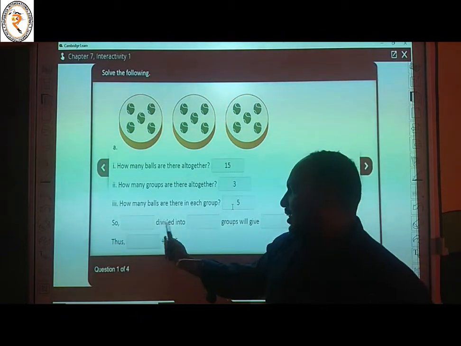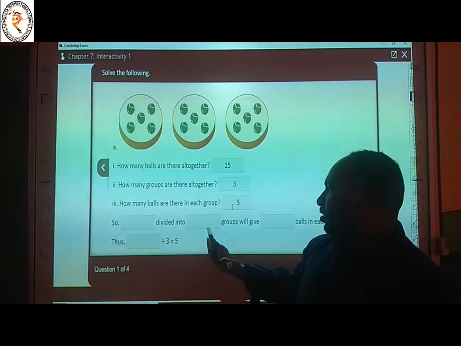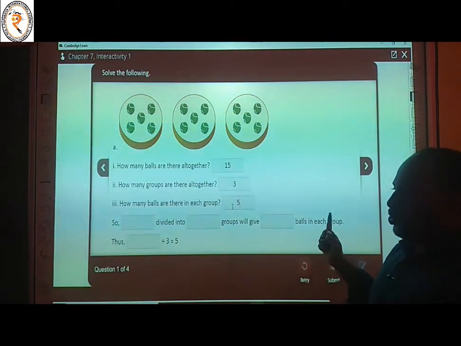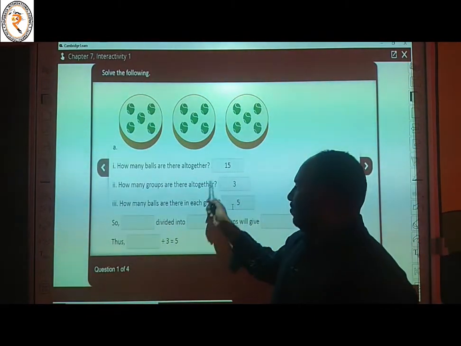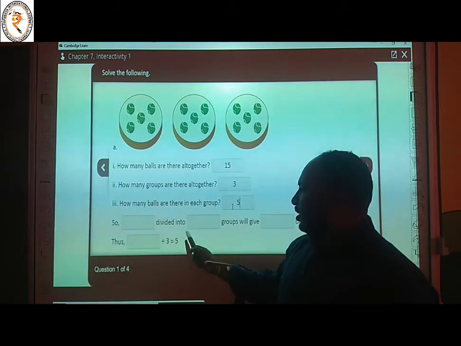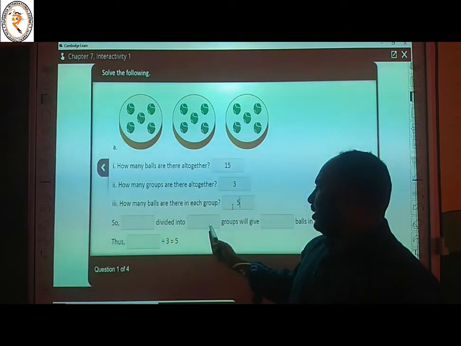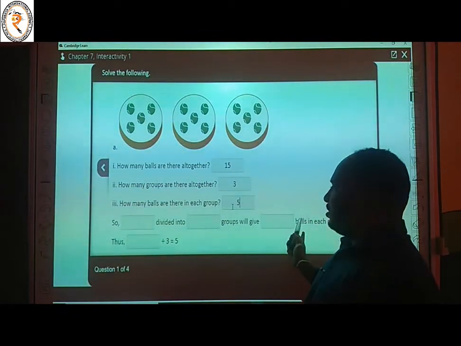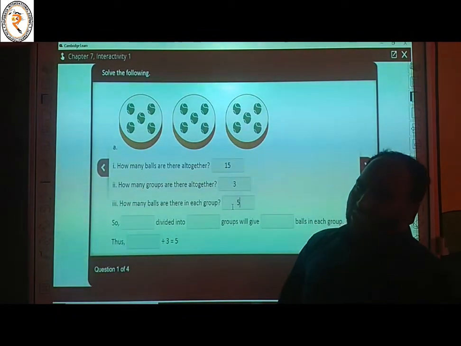So dash divided into dash groups will give dash balls in each group. So 15 divided into 3 groups will have 5 balls in each group.